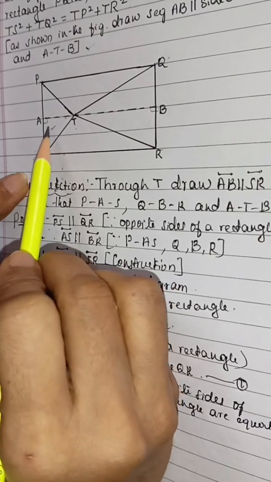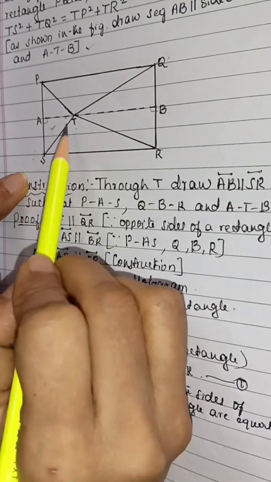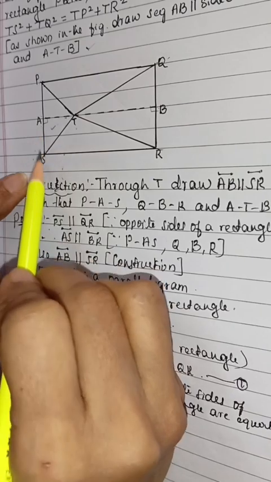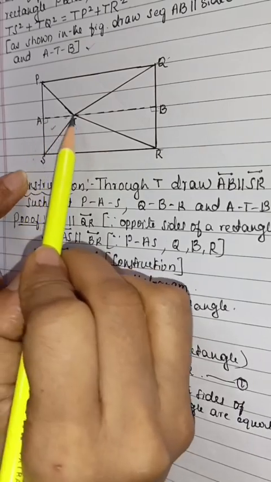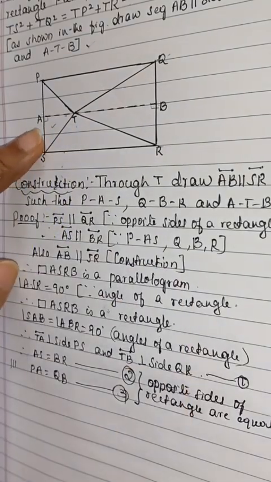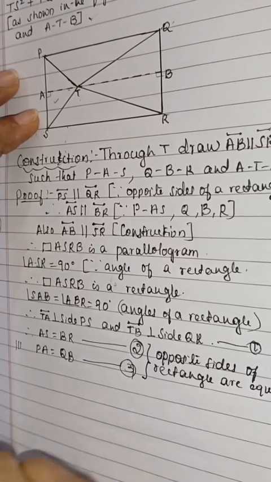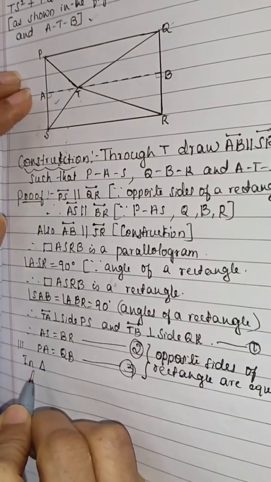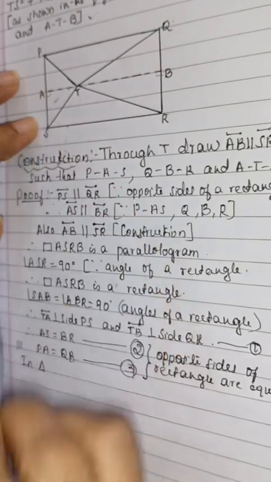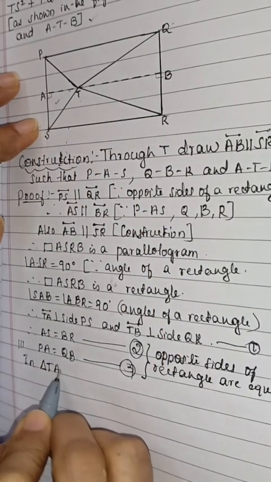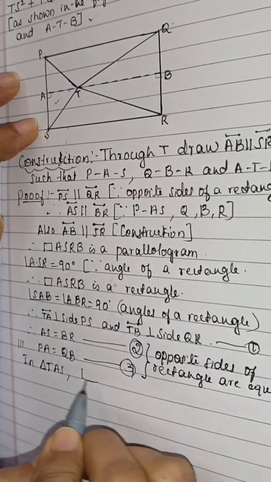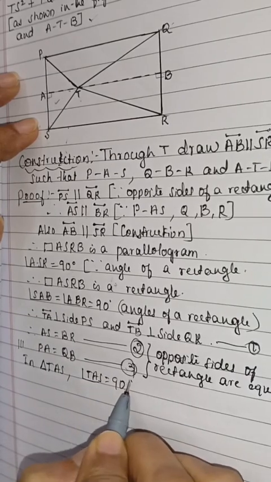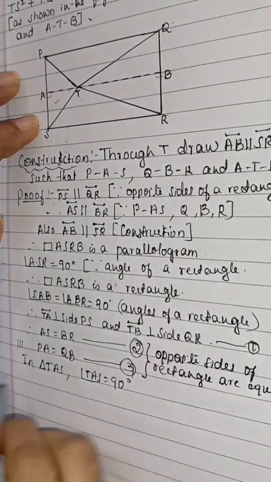So, according to the Pythagoras theorem, in triangle TAS, angle TAS is 90 degrees.